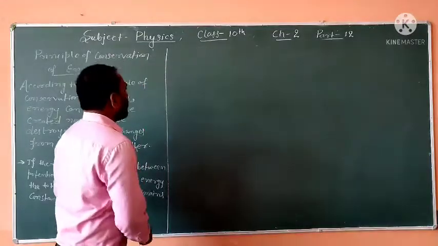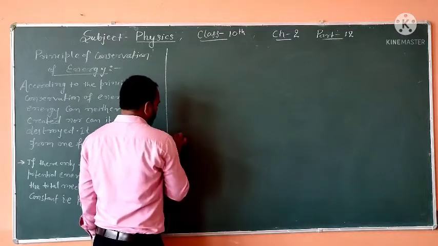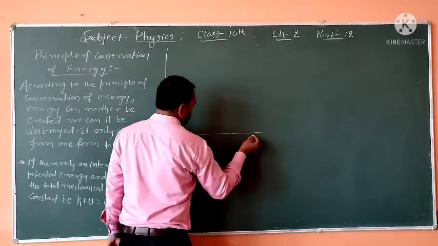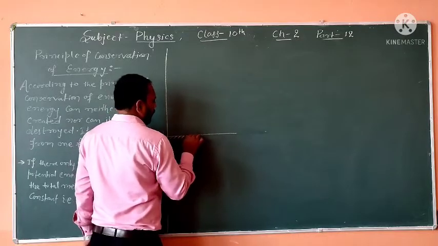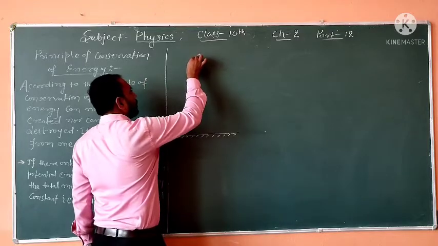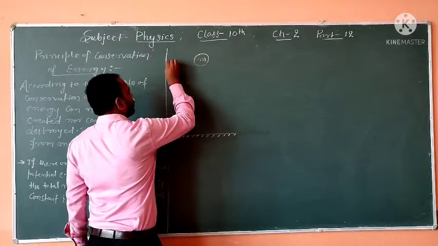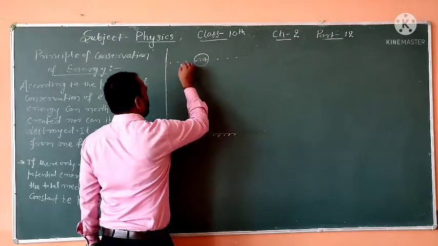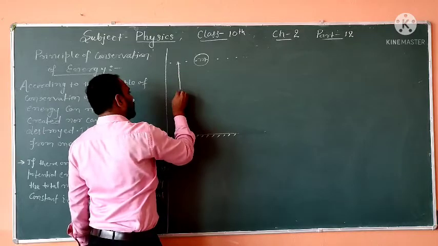Let us take an example. Let's suppose here is the ground, and you are releasing a body of mass m from some height h.